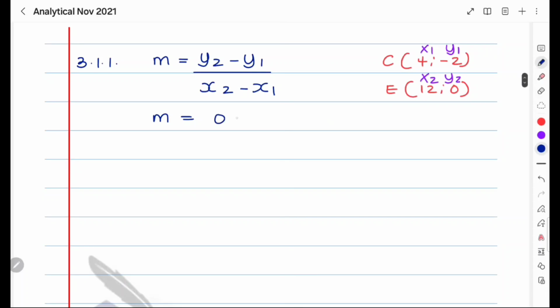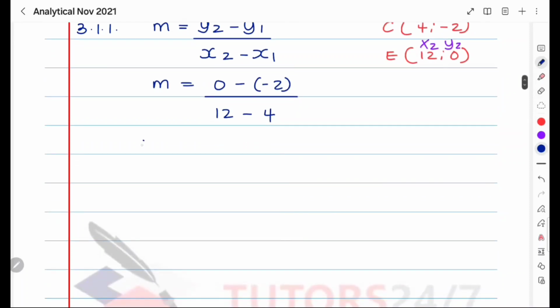So this is going to be 0 minus -2 all over 12 minus 4. We can put this into our calculator, and we therefore have the gradient of BE as equal to 1 over 4.